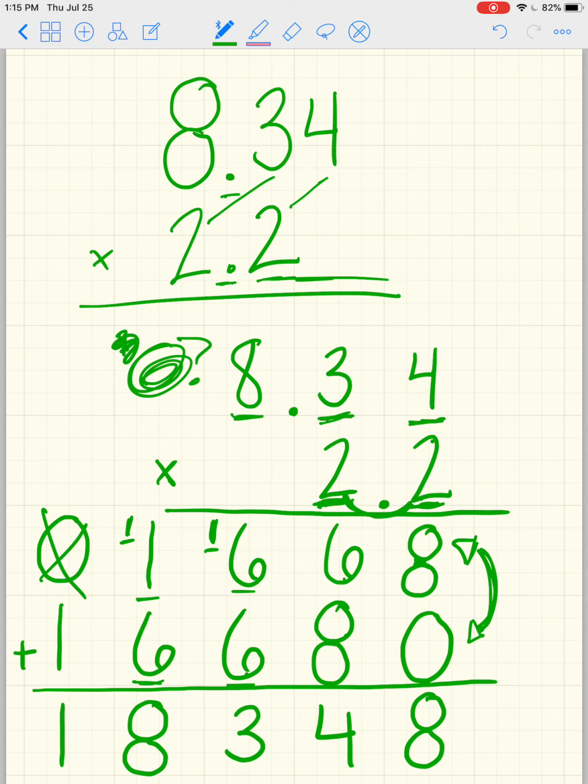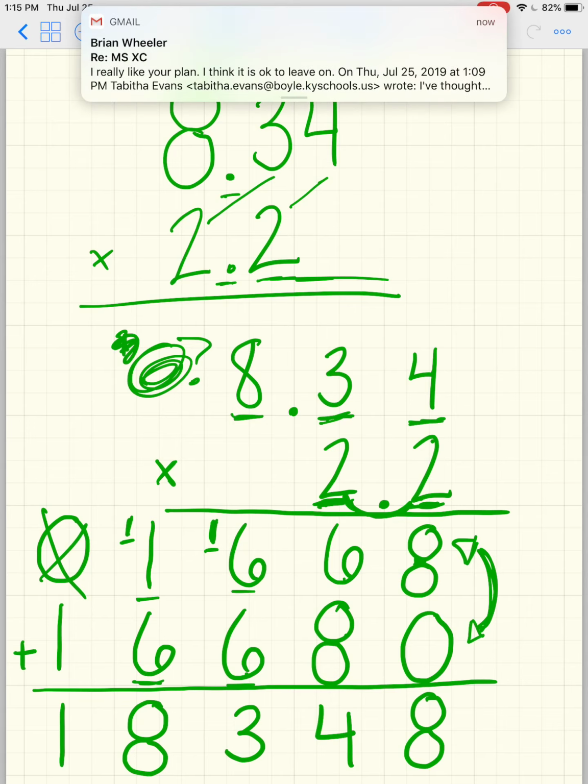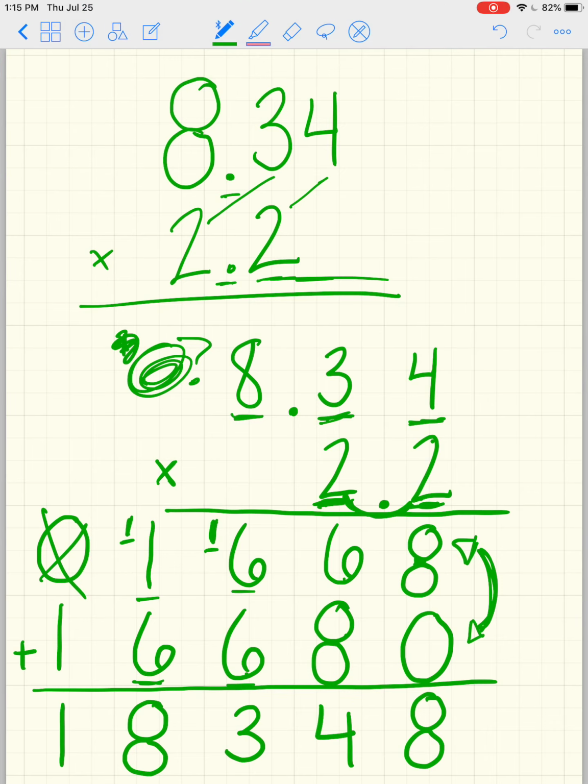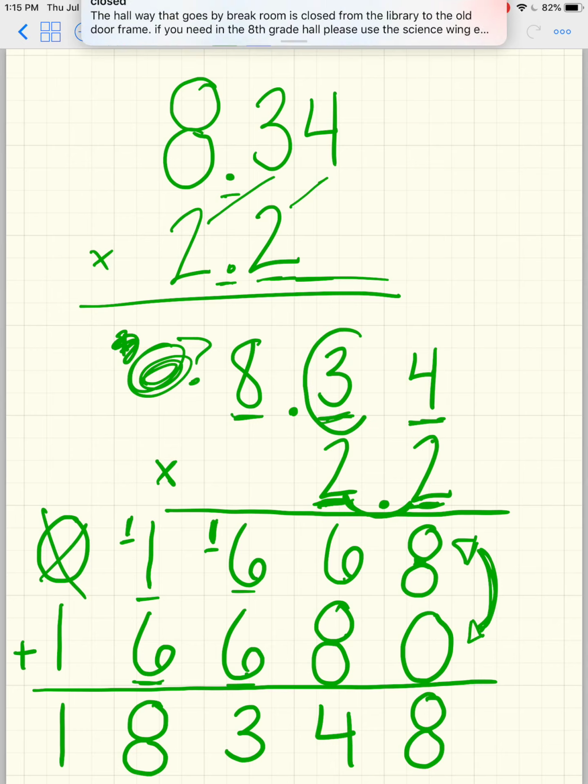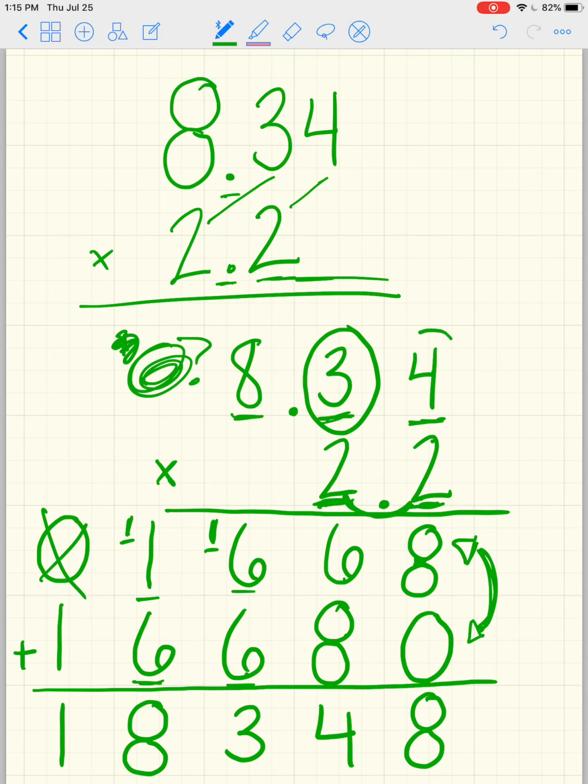Now remember, how we know where to put the decimal point is all about how many numbers are behind the decimal. So there is 1, 2, 3 numbers behind the decimal spot. So our decimal point must move 1, 2, 3 numbers right here.